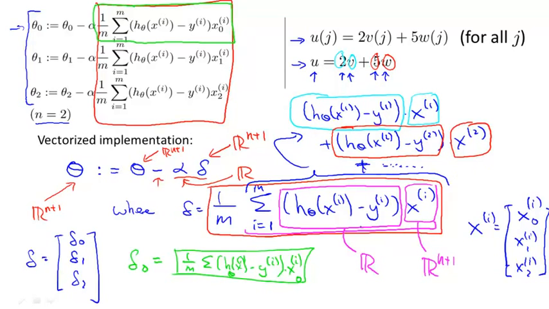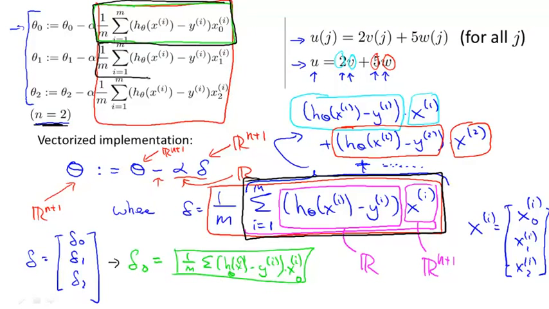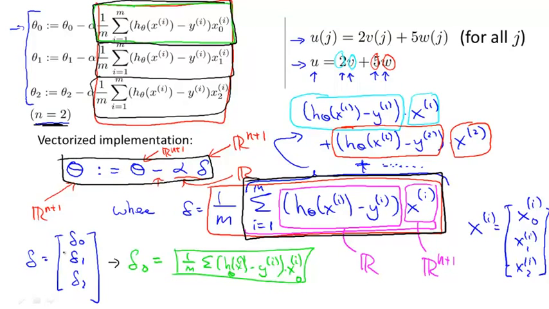Which is why that whole quantity, that delta, is just some vector. And concretely, if n equals 2, the 3 elements of delta correspond exactly to the first, second, and third terms, which is why when you update theta according to theta minus alpha delta, we end up carrying out exactly the same simultaneous updates as the update rules we had on top.